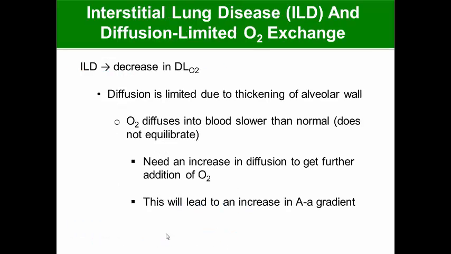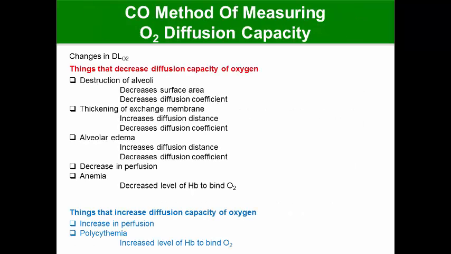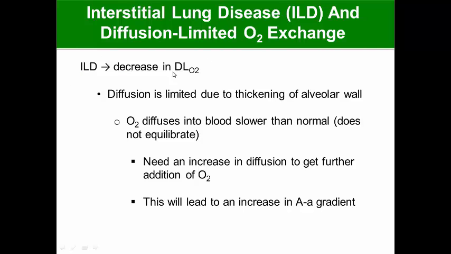Okay, so in interstitial lung diseases, where we have disease in the interstitium of the lung, when there is fibrosis in the lung, when there is thickening of the respiratory membrane or the exchange membrane, the diffusion of oxygen is now diffusion limited and not perfusion limited.